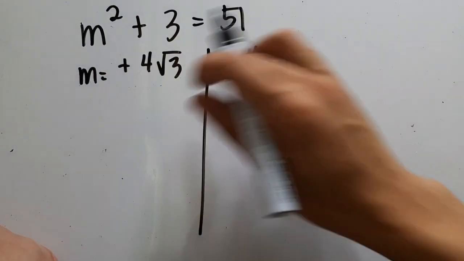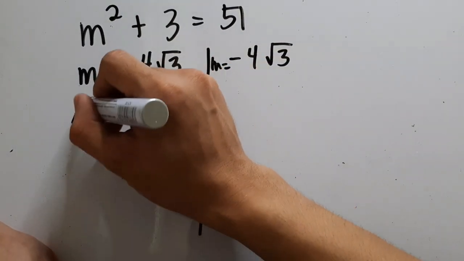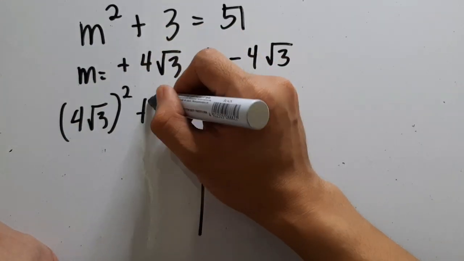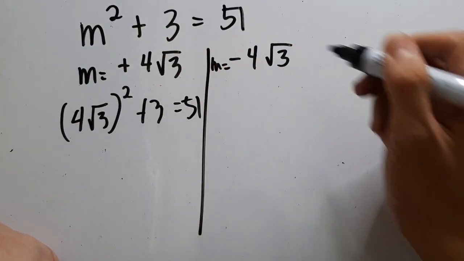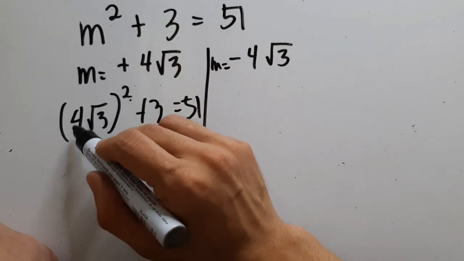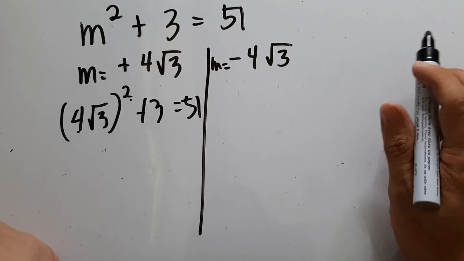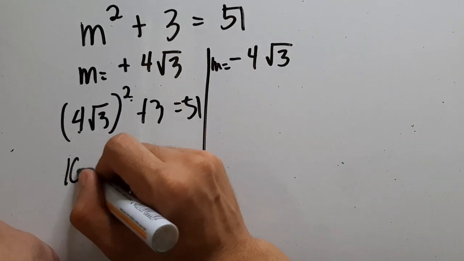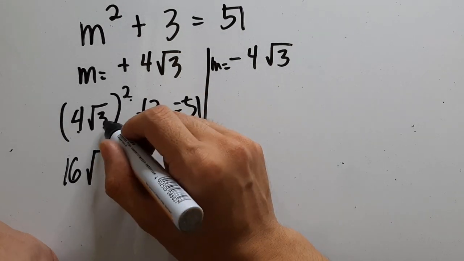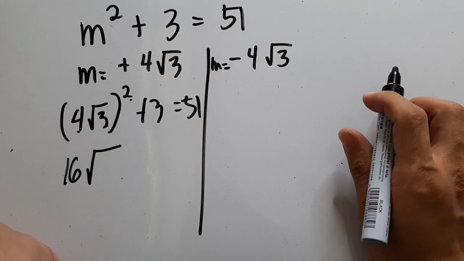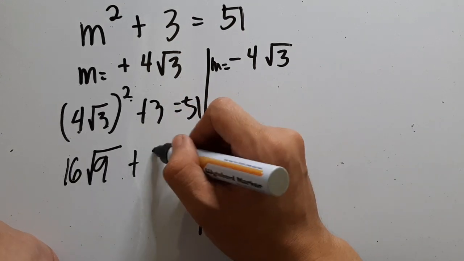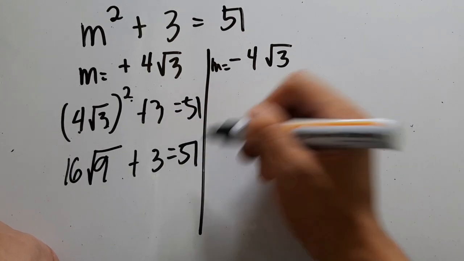So let us start with the positive number. So we have 4 square root of 3 square plus 3 equals 51. So titignan natin dito, square. Square natin si 4. 4 times 4, 16. Square root of, we have 3 times 3, 9. Plus 3 equals 51.